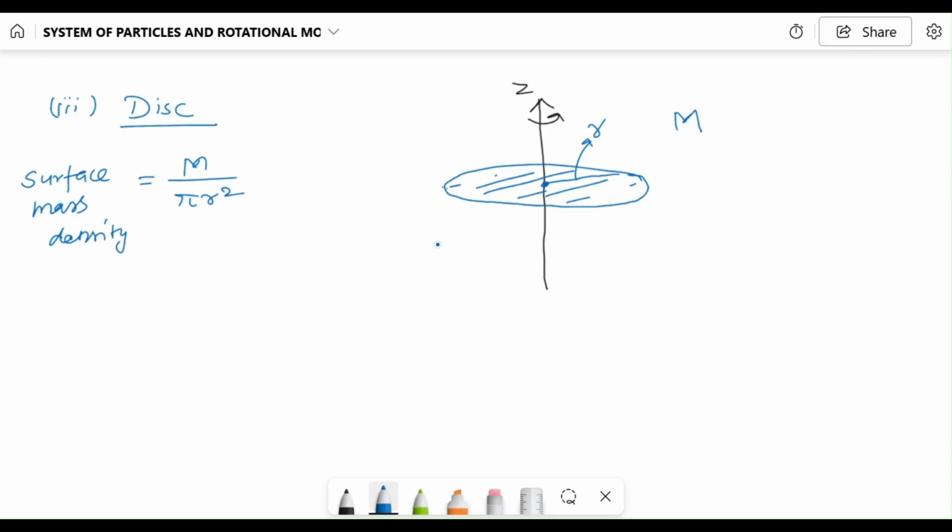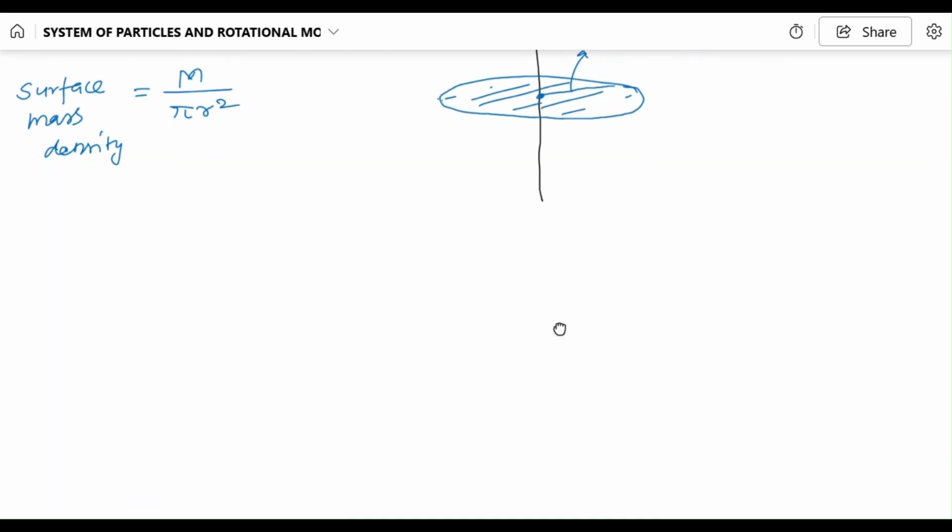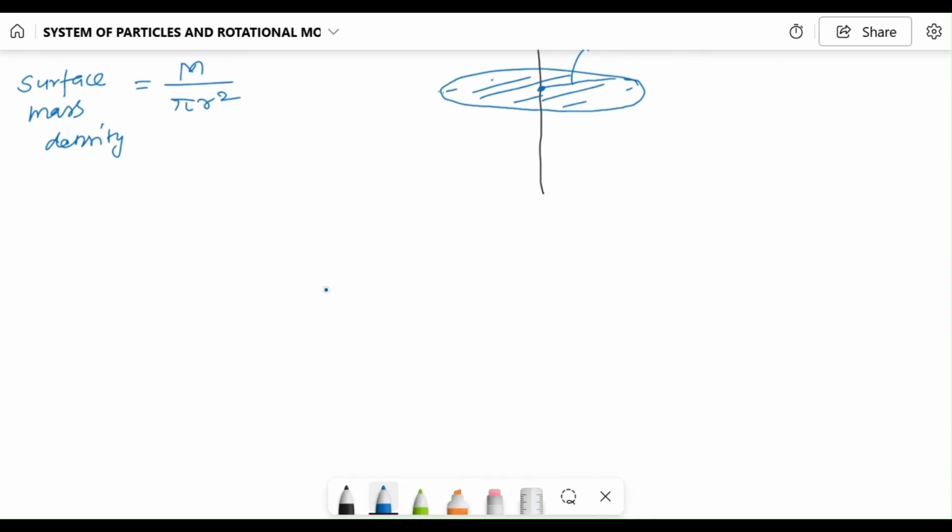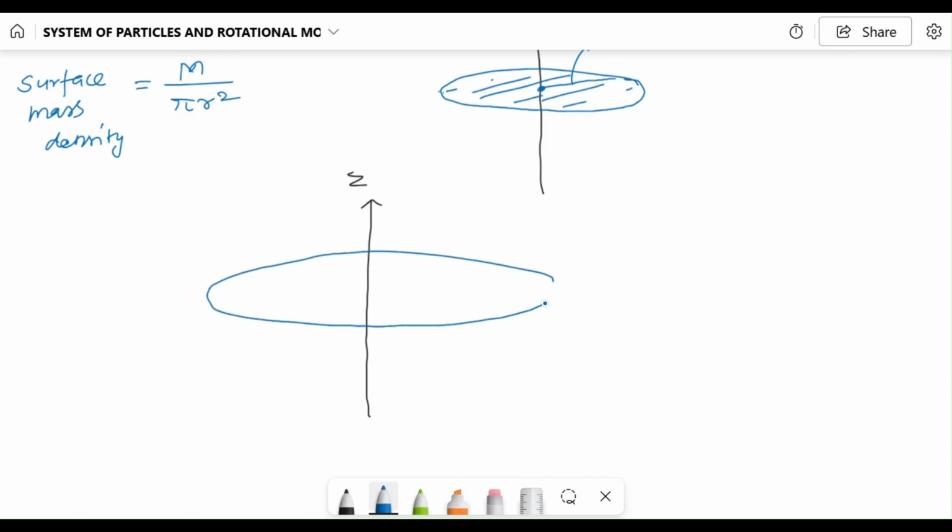Now, if we want to know its moment of inertia, we will have to take the integration approach here, and now I'm going to show you how we can proceed. So let me draw it again here, a little bigger. So this is the axis of rotation, z axis, and this is the disk.